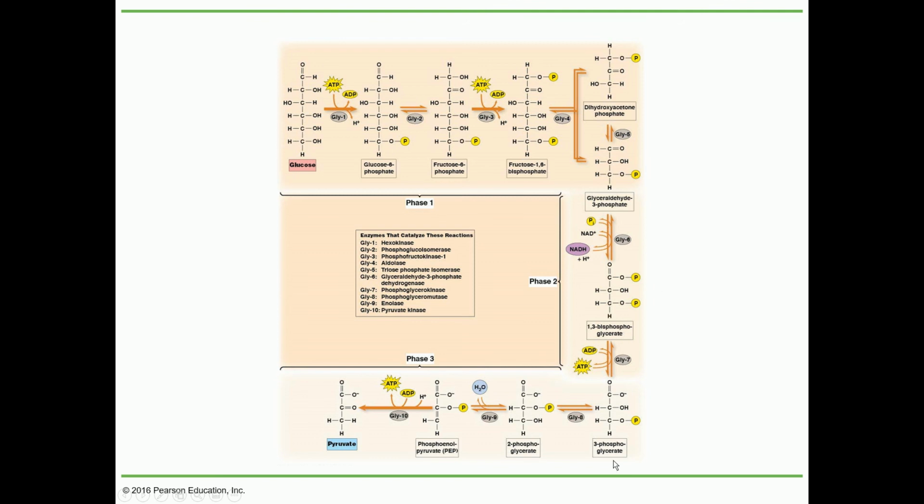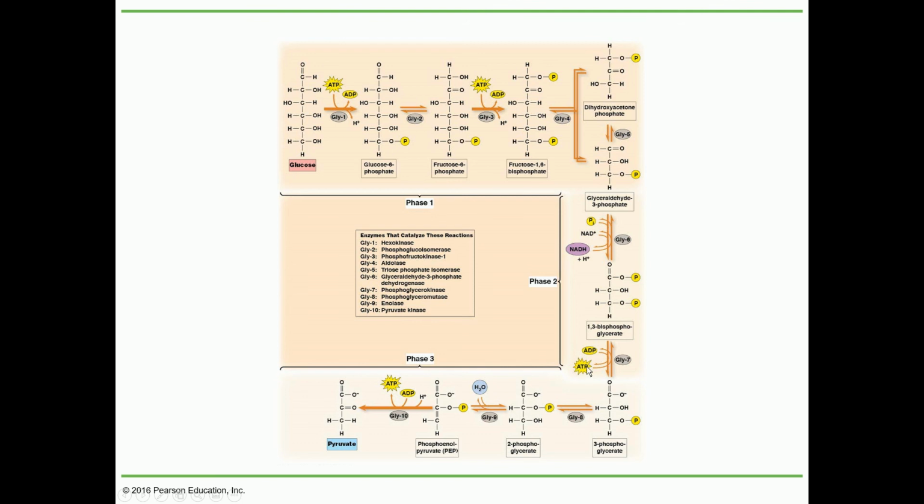Multiply by 2, and there are two molecules of ATP produced here, by substrate level phosphorylation. Substrate level phosphorylation is the process in which ATP is produced from ADP, and it takes place with the help of the enzyme phosphoglycerokinase.